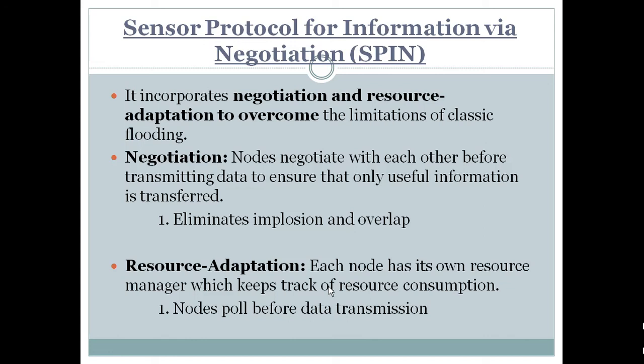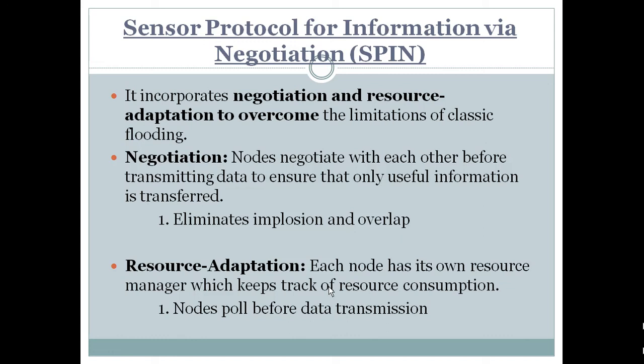Now, rather than just flooding or broadcasting the data regardlessly, unnecessarily, we are negotiating before transmitting that data to every particular node, so that only the information which is required and useful is transferred in the network. Now, this negotiation eliminates implosion and overlap, of course. So the two demerits of the first approach, implosion and overlapping, are eliminated by using negotiation.